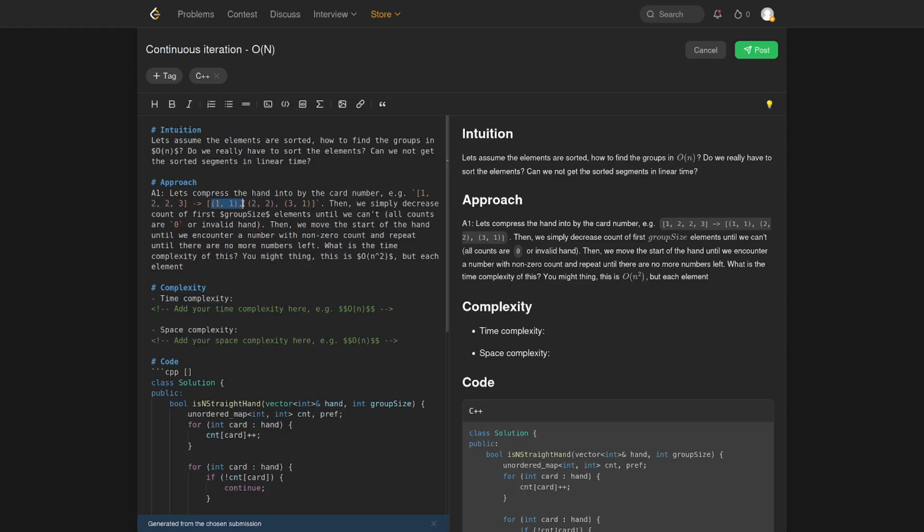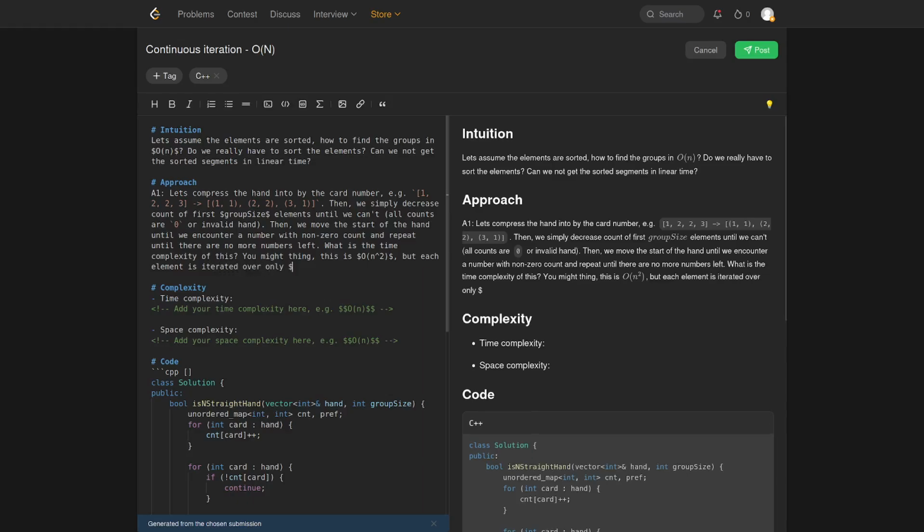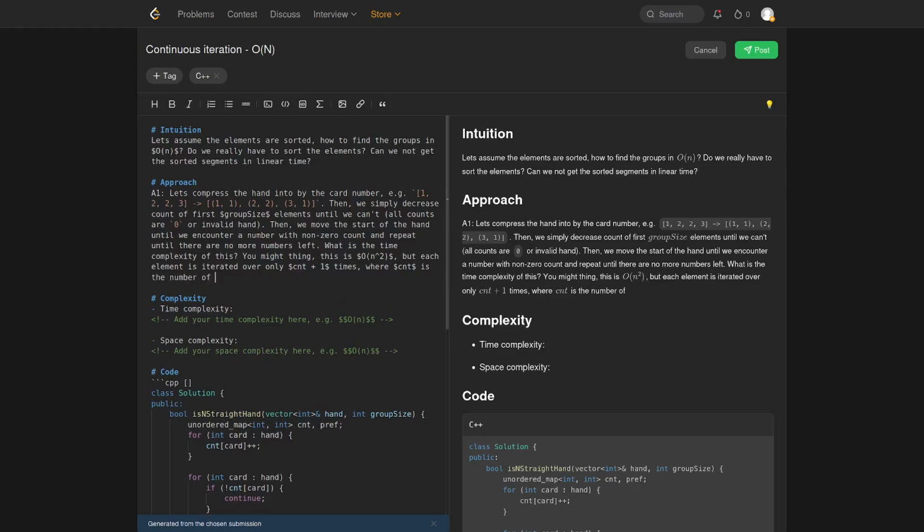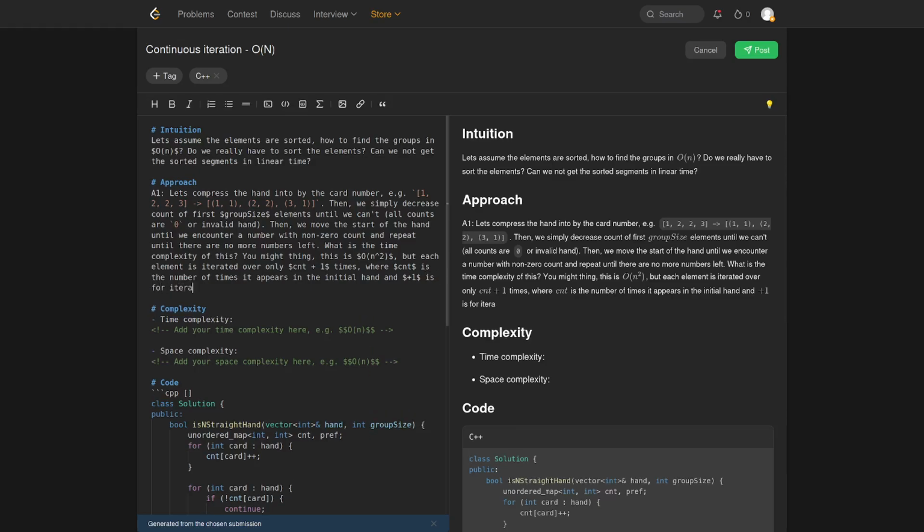So we iterate over all the removed elements. Each is iterated over only count plus 1 times, where count is the number of times it appears in the initial hand, and plus 1 is for iterating to the next element.